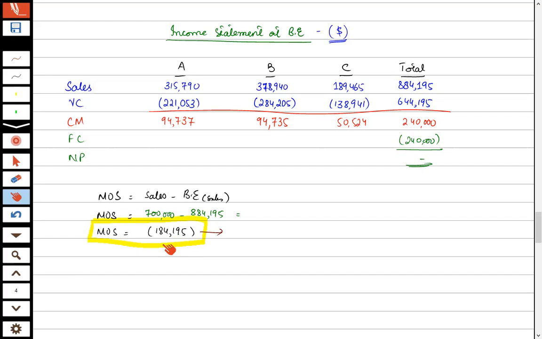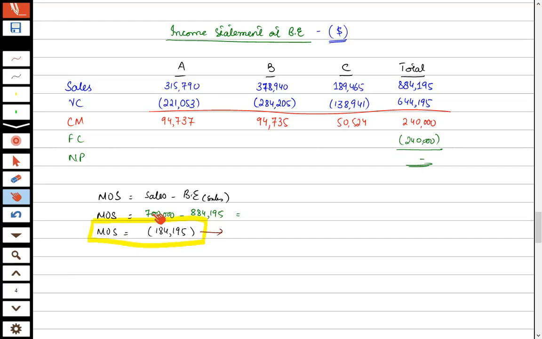Margin of safety means the amount which we can afford to lose, but here we have nothing to lose. So to achieve break even, the company has to do more. Margin of safety indicates, without calculating the original sales amount or the original profit amounts, that we are in danger at the current level and we are suffering losses. And even to achieve break even, we have to increase our sales level.